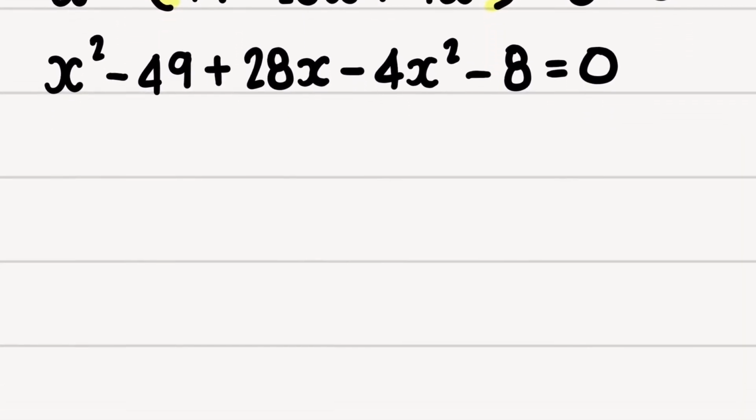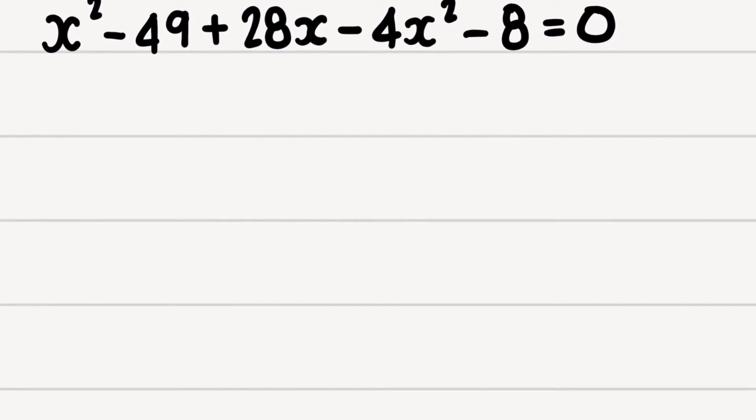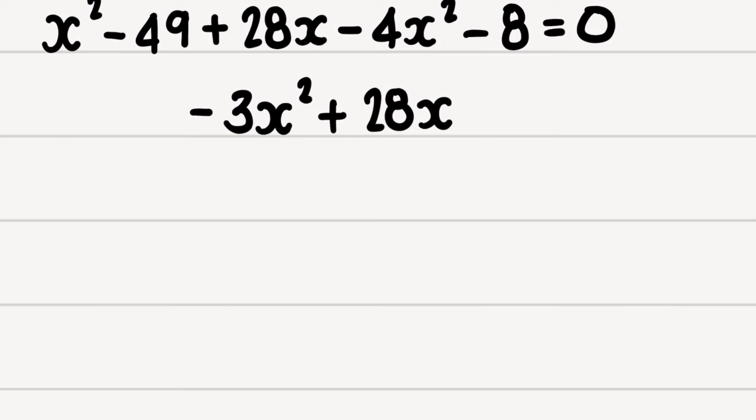Now if I tidy this up, I have x squared minus 4x squared, which is negative 3x squared, plus 28x minus 49 minus 8, which is negative 57, equal to 0.